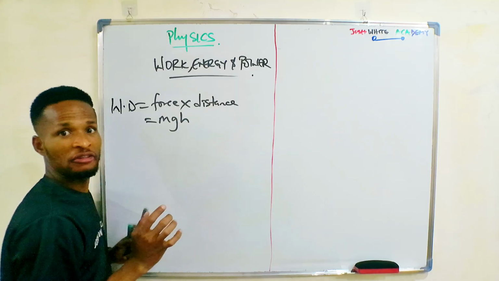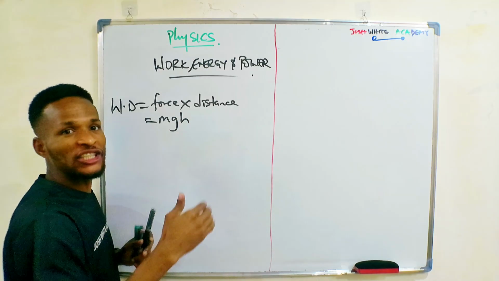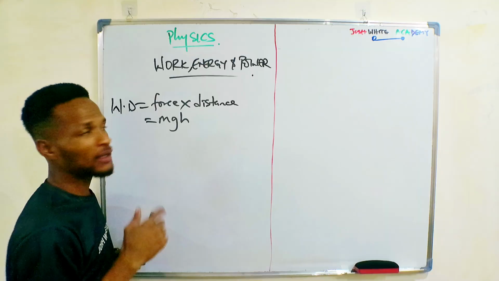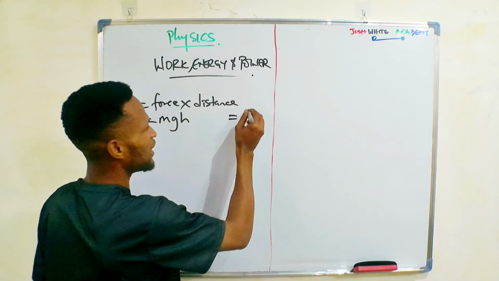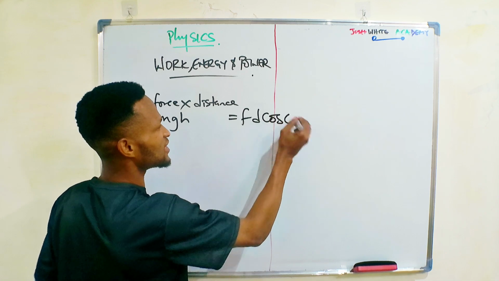And if the work is done at an angle, instead of just writing F times distance, it will become F times distance times cos θ.